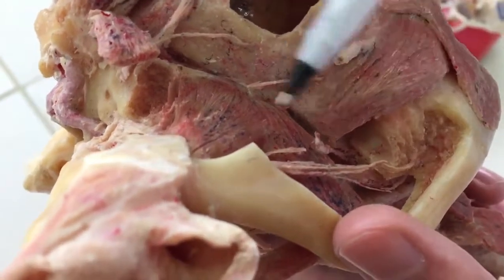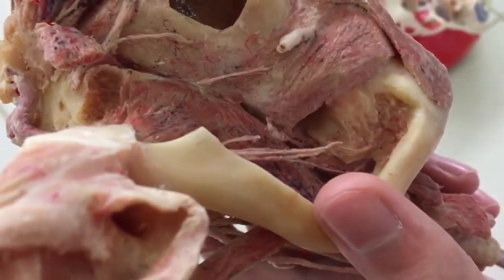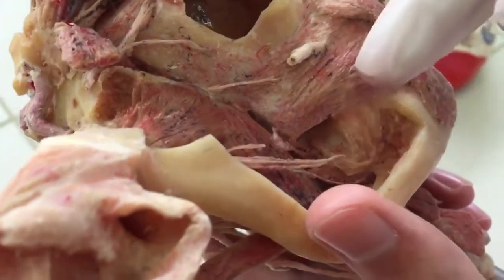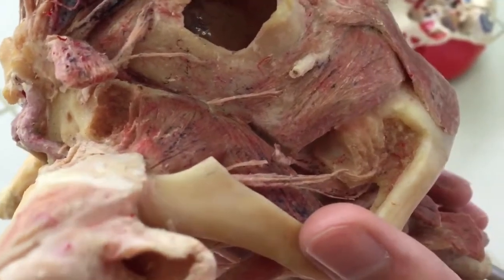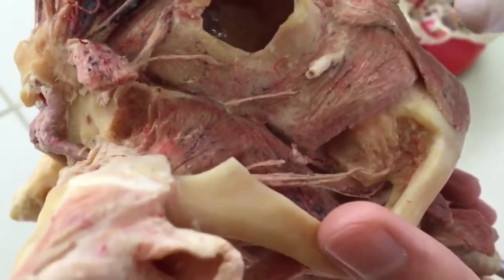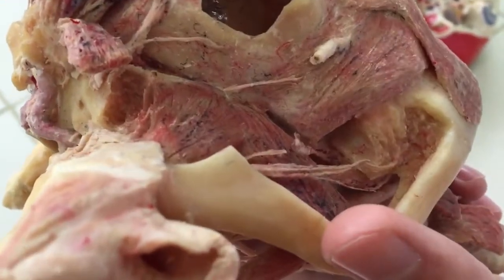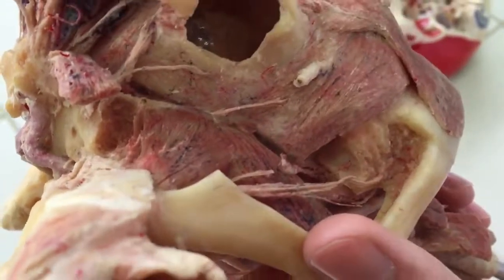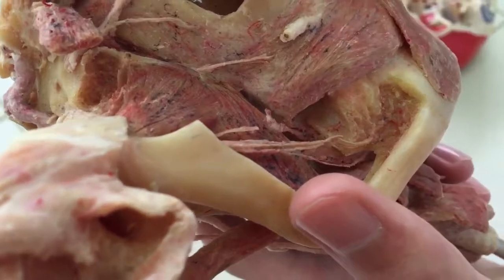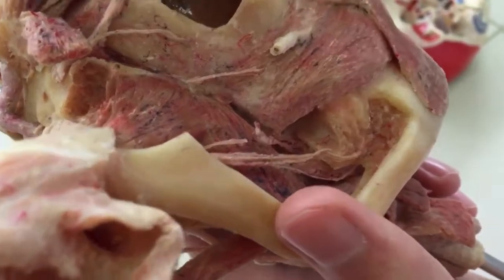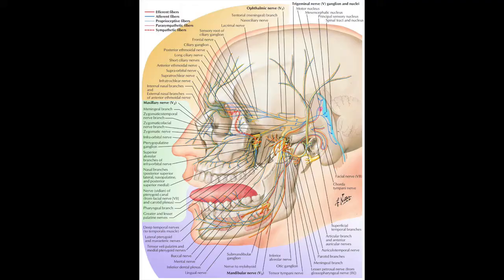It's also worth mentioning that the chorda tympani nerve, which is a branch from the facial nerve, will supply the special sensory, which is tasting, of the anterior 2/3 of the tongue, but the common and special sensory supply of the posterior 1/3 of the tongue is through the lingual branch from the glossopharyngeal nerve.